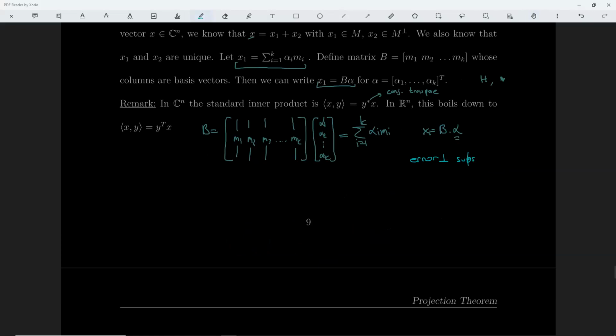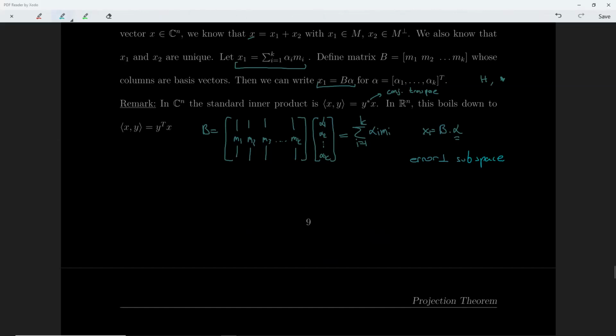Once again, sorry about this, why do I do subspace? Okay, subspace. Managed to write it correct, sorry about that.